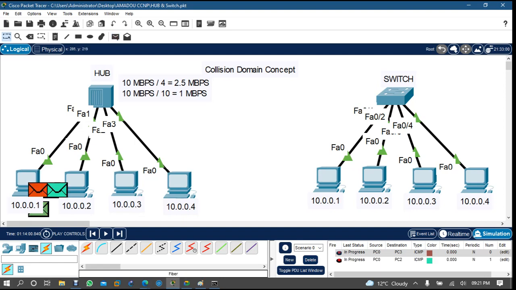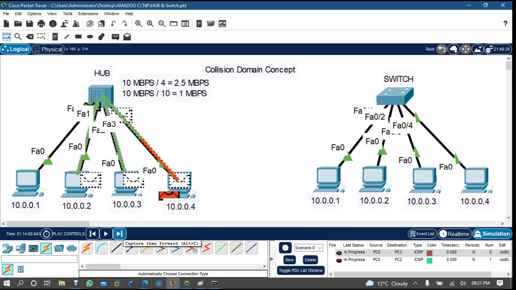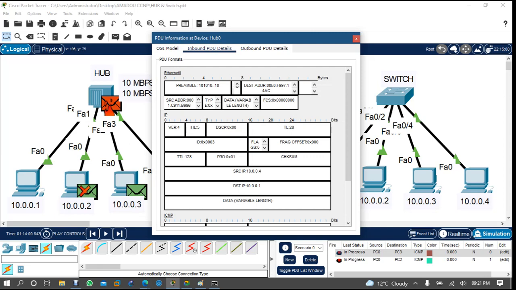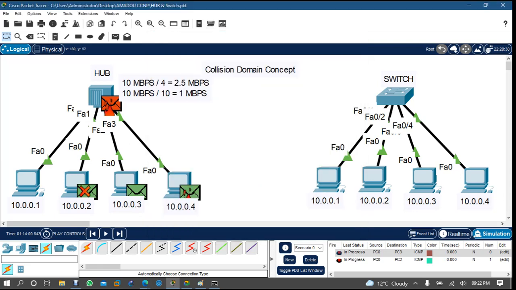If you now start this process, see, the packet came. Can you see the second packet? Now the second packet is moving. Have you seen it crashed? So this is the collision. You may not get more details here, maybe some code-related information, but in graphics you can see it.